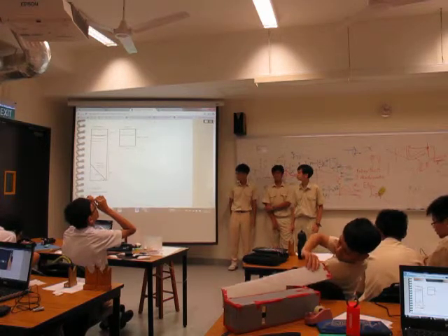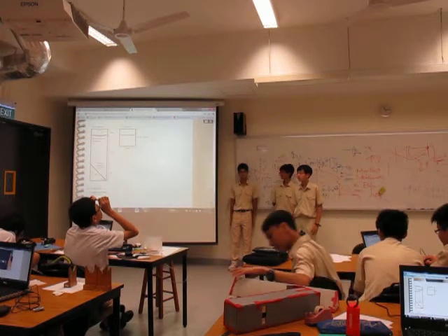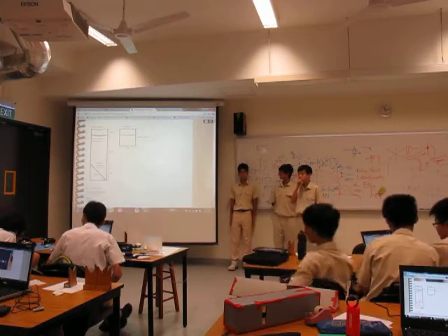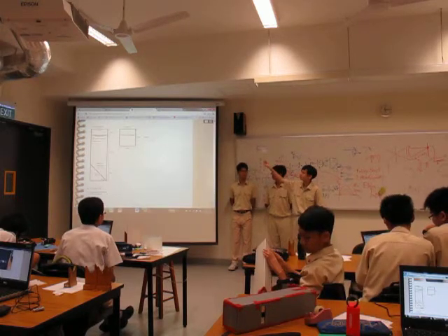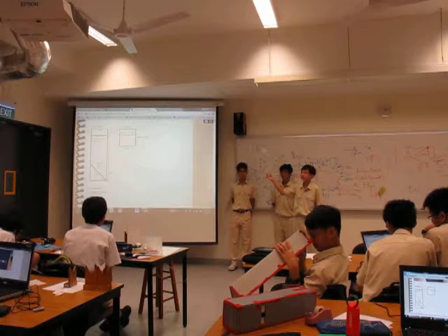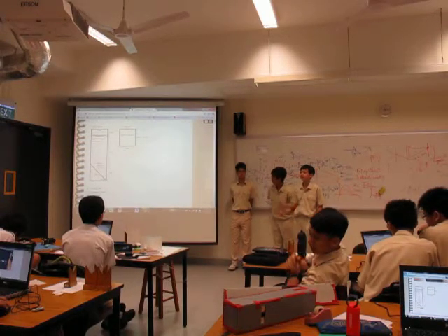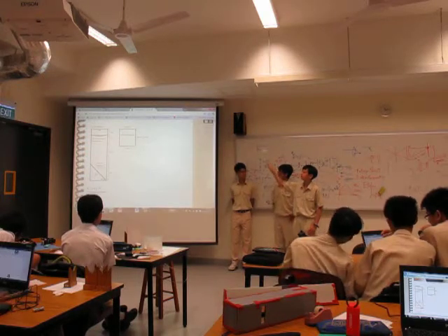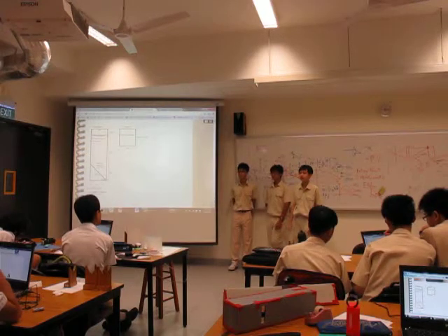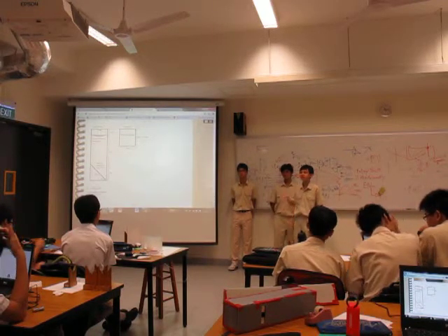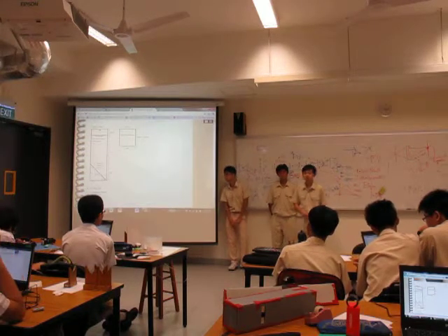Power 0.5 times 1.5. So what's F? Is F the focal length of the lens or the distance? It's the separation between the pinhole and the lens as the surface.